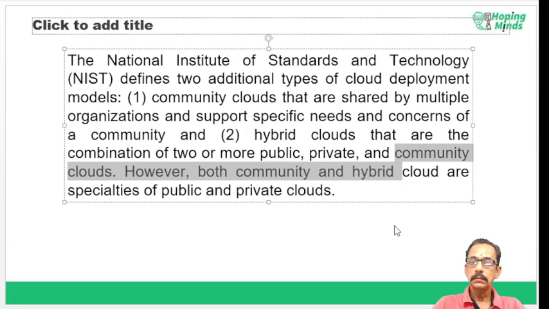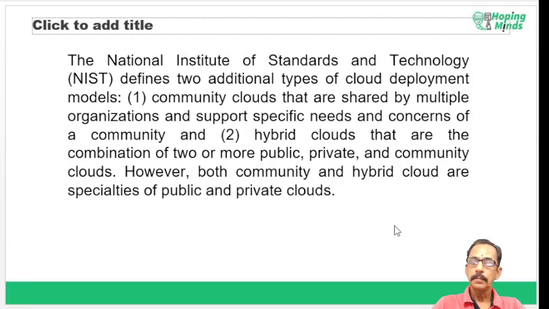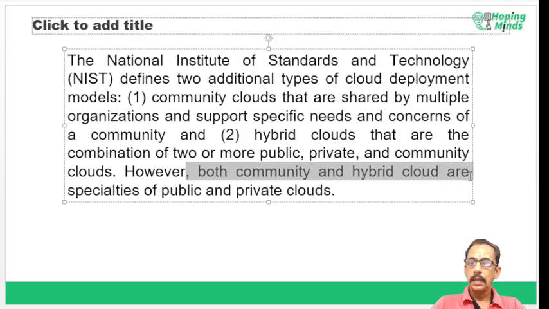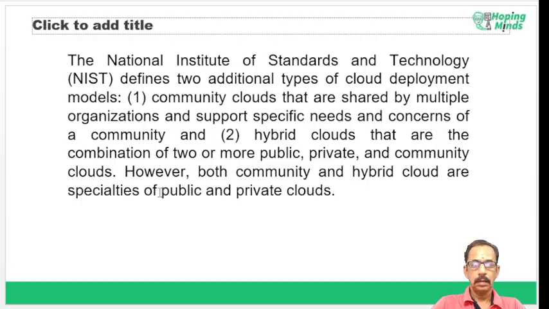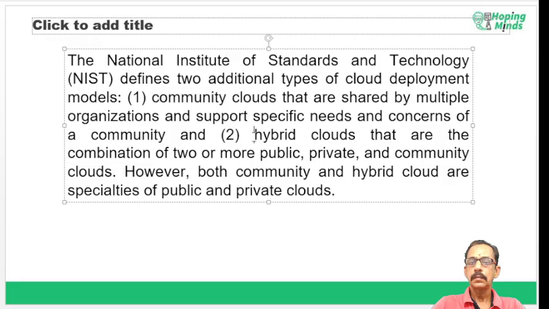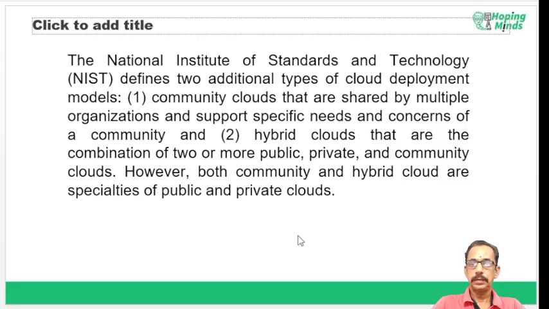Okay, that is the hybrid cloud. However, both community and hybrid cloud are a specialty of the public and private cloud that I was saying. Mainly there are two; these are a little upgraded version of private and public cloud.